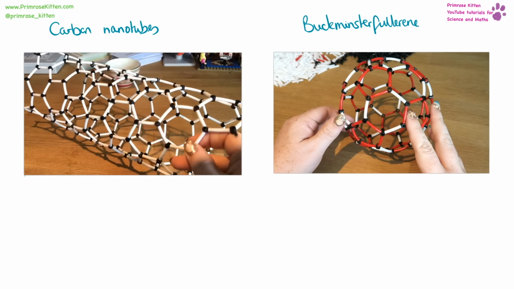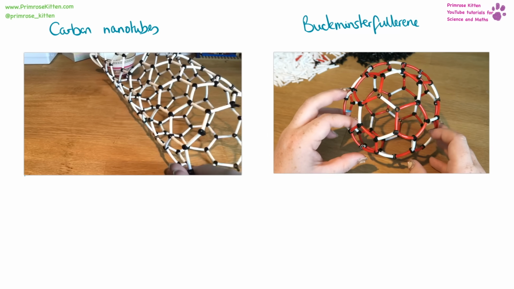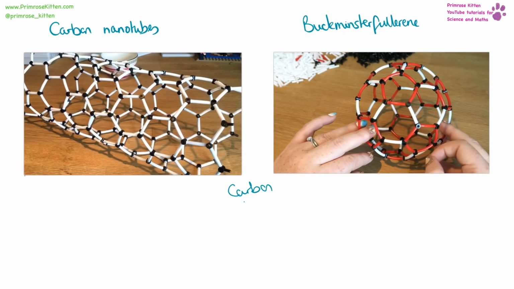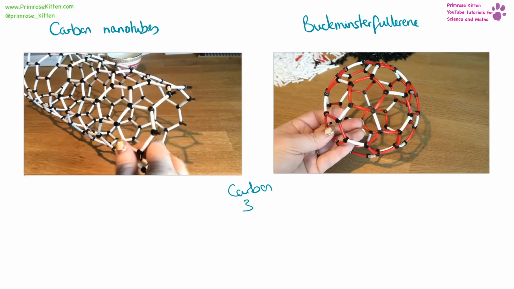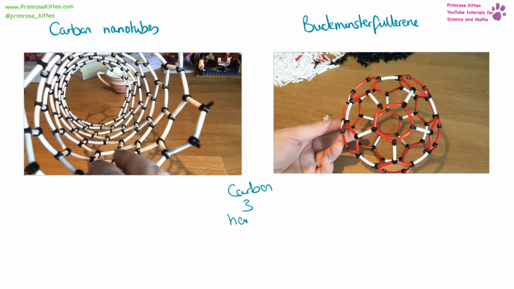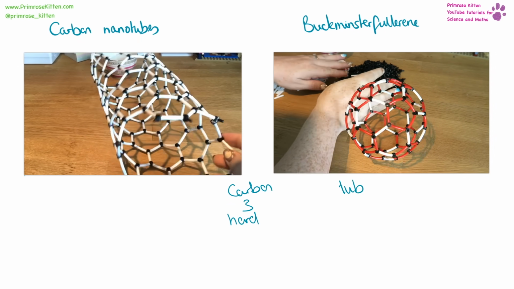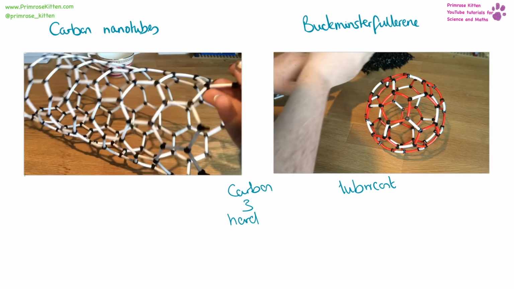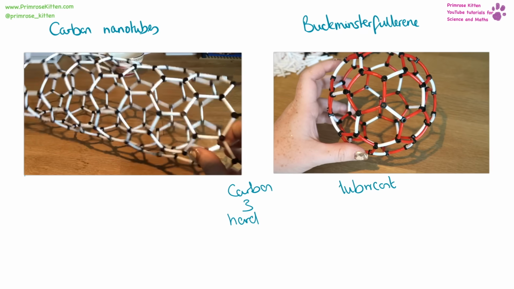Fullerenes are either carbon nanotubules or Buckminsterfullerenes, which are balls. These are again all made of pure carbon. They make 3 carbon-carbon bonds, but unlike graphite, which is soft, these are incredibly hard. Buckminsterfullerene can be used as a lubricant in things that need lubricating, like electrical cycles or some parts of machines.